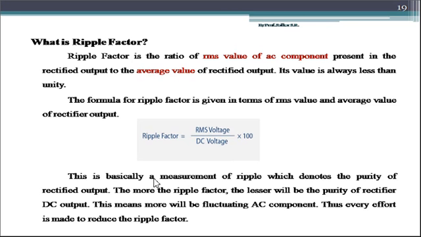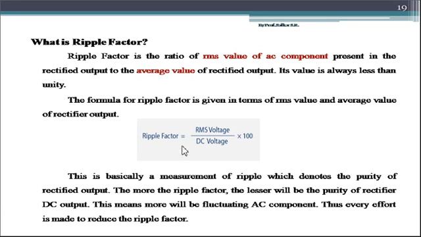So this is basically a measurement of ripple which denotes the purity of rectified output. We know that when the output of rectifier comes, it contains some amount of AC, that is, it is impure output. So this ripple factor helps us to measure that purity. The more the ripple factor, the lesser will be the purity of rectified output.